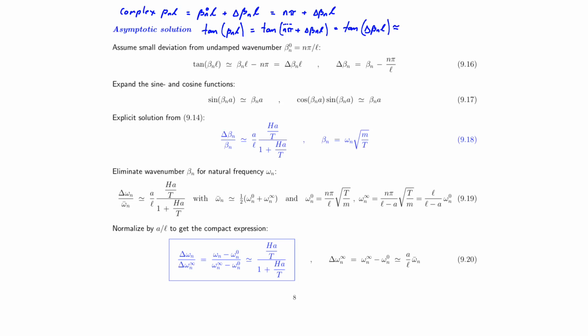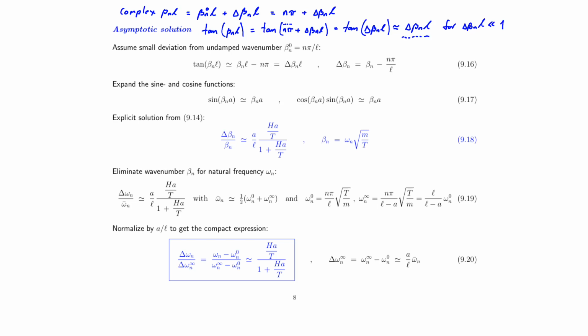So for small values, for delta much smaller than 1, we will have that the tangent approximates this change in wave number delta beta_n L.